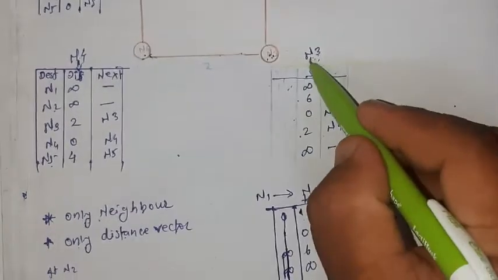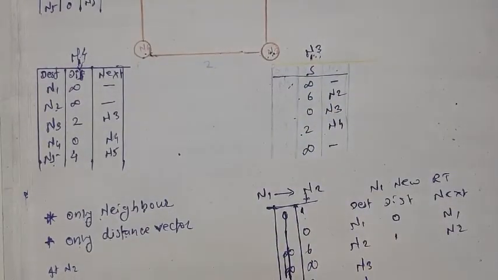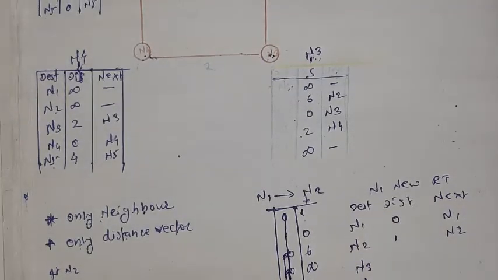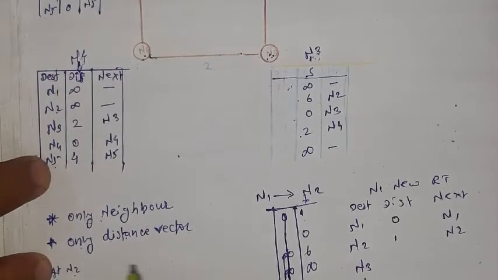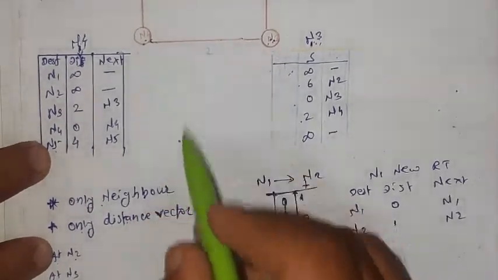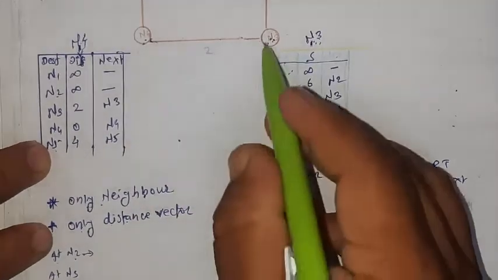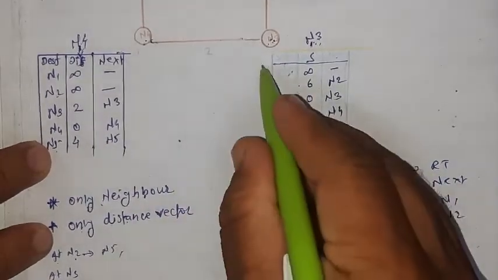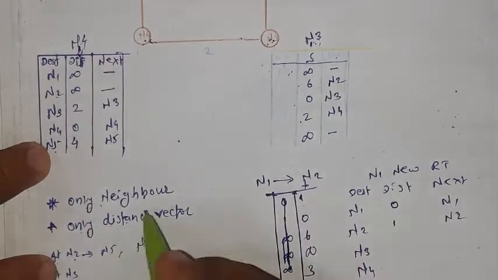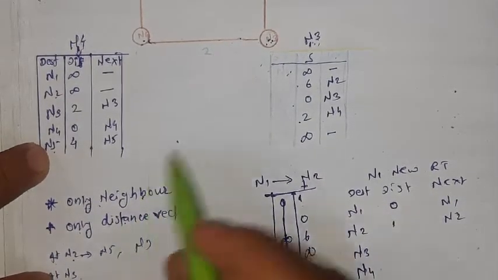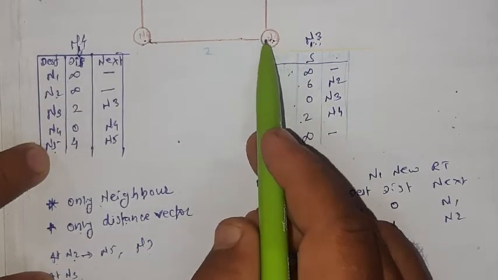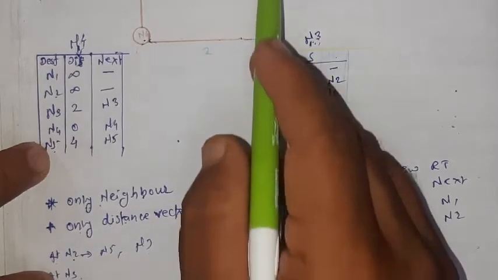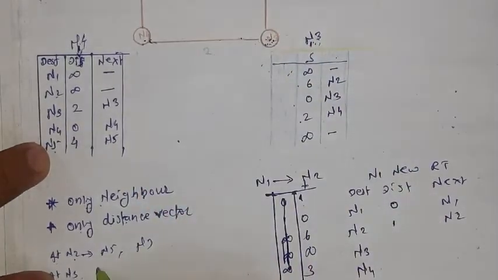Okay, or this column. Suppose we have a different network. At n2, the possible information is what we can access from n5 and n3. Then at n3 we have the routing information or distance vector from just n2 and n4.